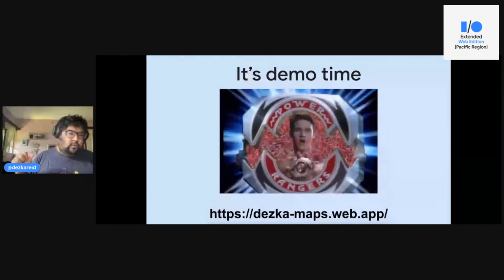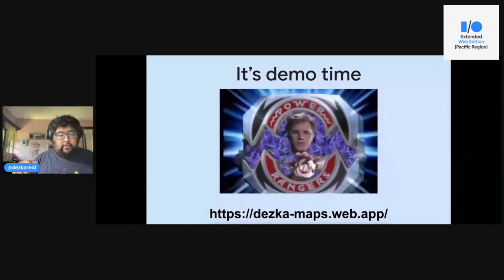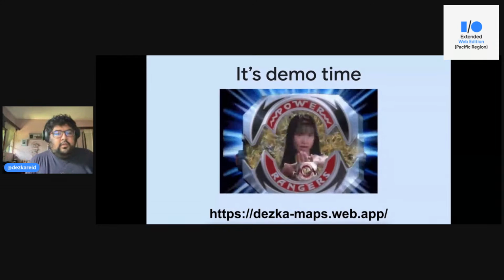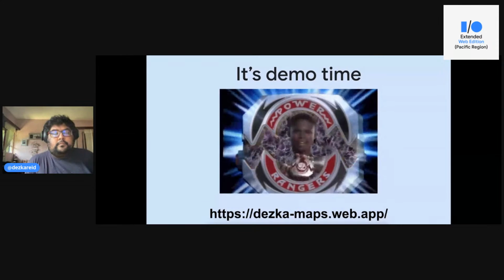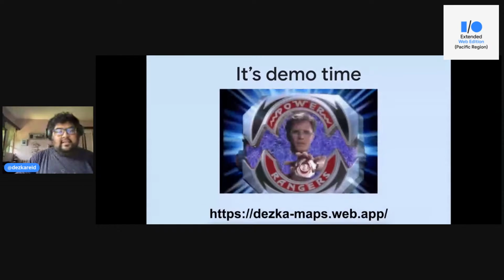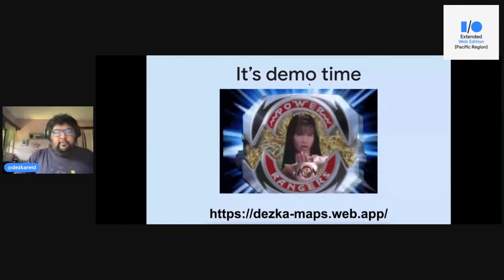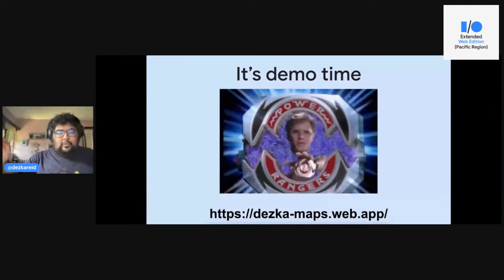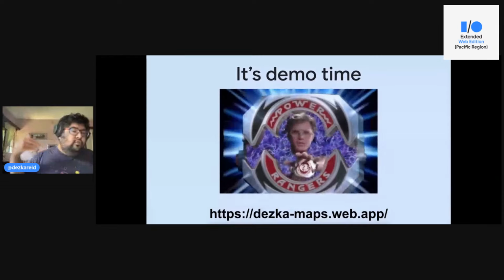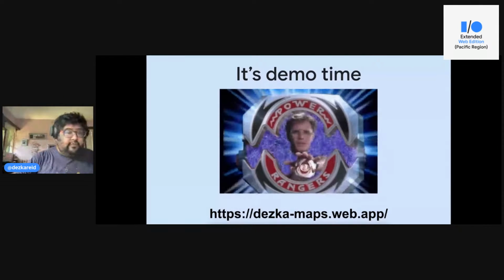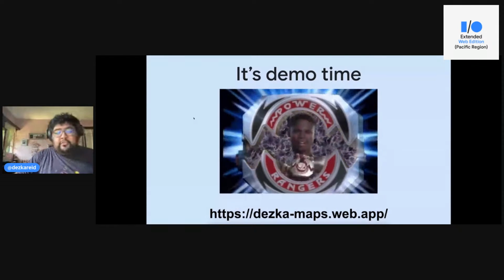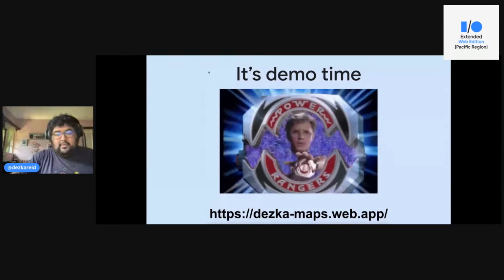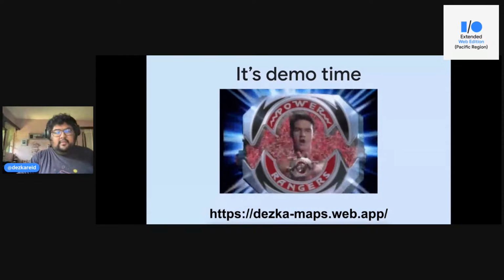I'm going to start making some modifications on my localhost to see how this data styling works, and we are going to create a map ID and a map style to know how I can use this kind of feature.